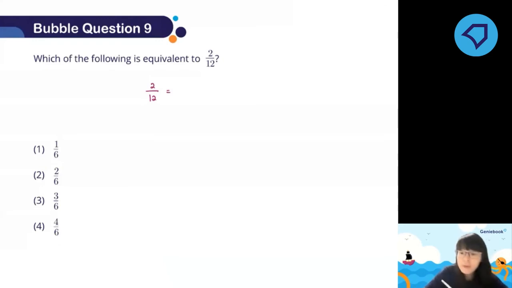Some of you are not very sure. Let's ignore this one over here first. Let's make all of this to be over 12. You want it to be the same. After you change all this to be over 12, one of it will have the same numerator as this one. So which one would it be?